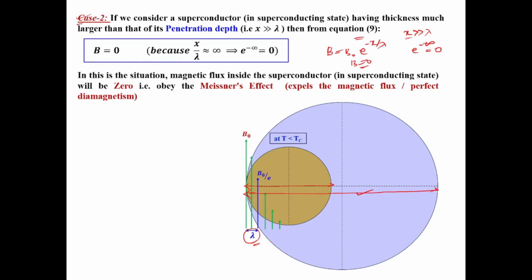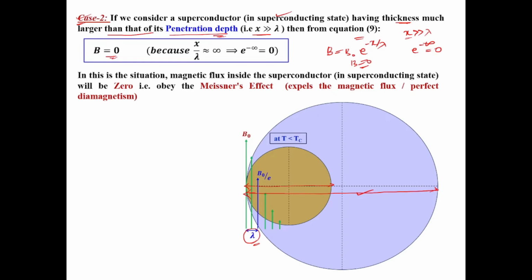So in case 2, the thickness of the superconductor in the superconducting state is obviously much larger than its penetration depth, that means x greater than lambda, then from equation number 9 we find B equal to 0.